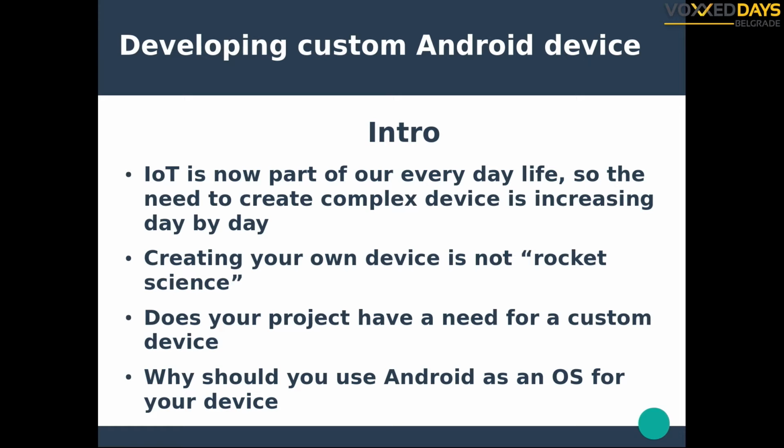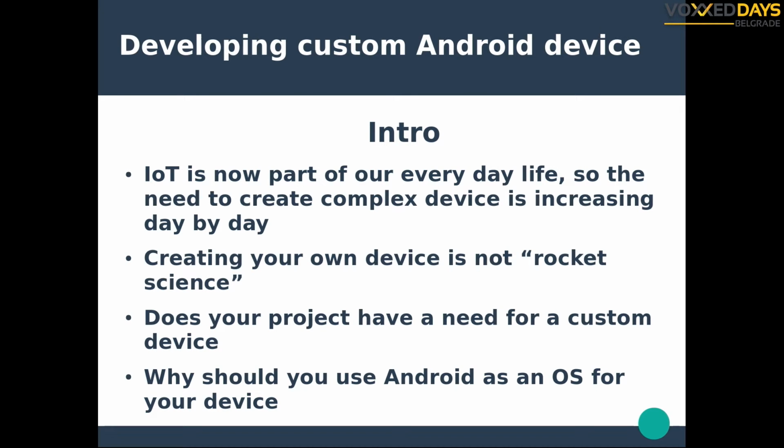The one question you should ask yourself in the very beginning, if you have some idea or project, is: do I need a custom device? This is one of the first questions you should decide, because here the ways you will go split. When you spec your project and see what your needs are, you have to see if there is something else on the market that already exists and that you can use for your project.